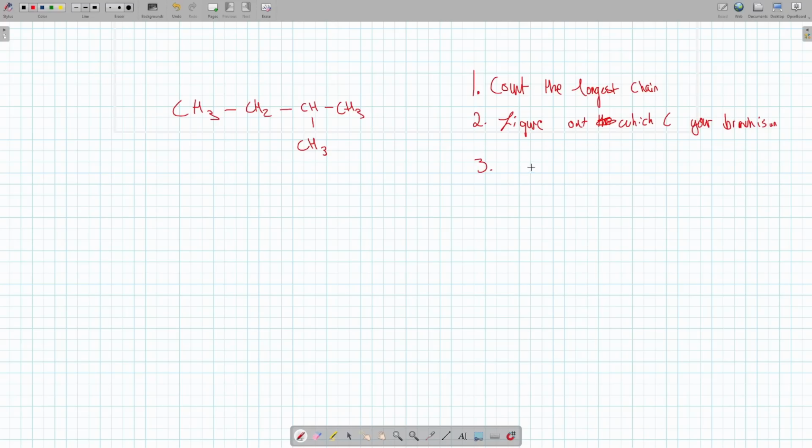And the third step is apply the number. N is the carbon number that the branch is on.